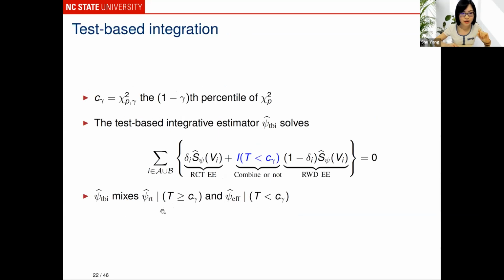It chooses between two estimators. And secondly, the test and the estimator are constructed based on the same data, so the test and the estimator are dependent. This is why it is challenging to derive the asymptotic distribution for the TBI estimator.